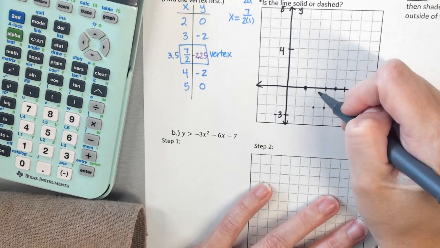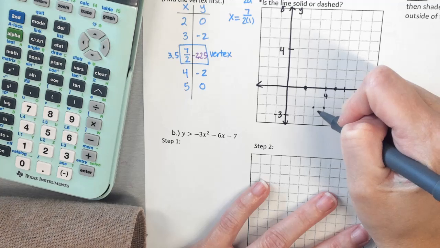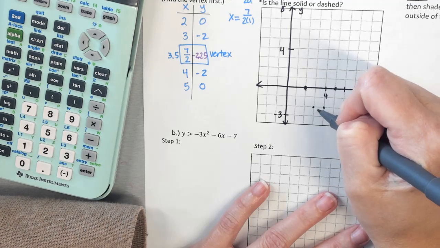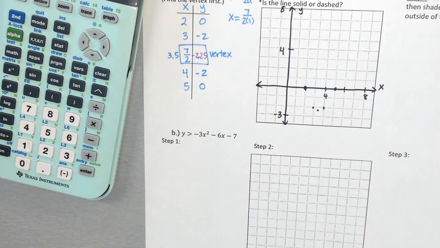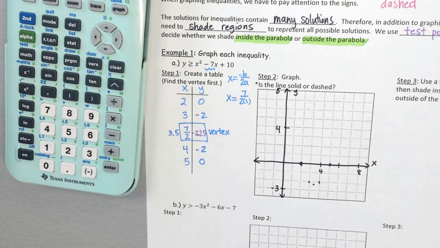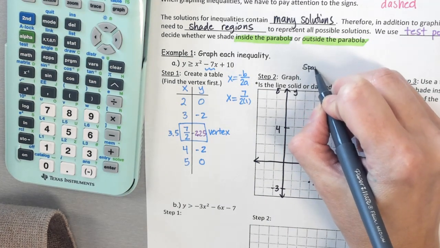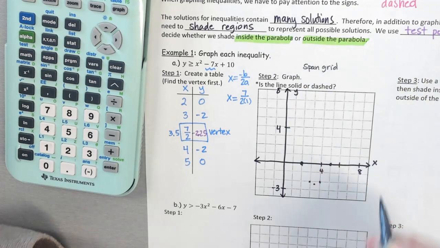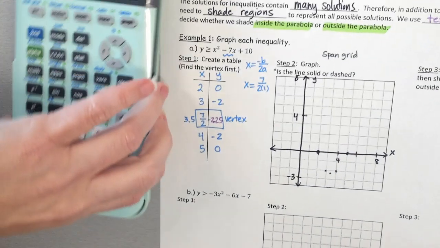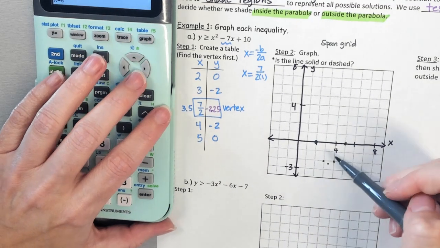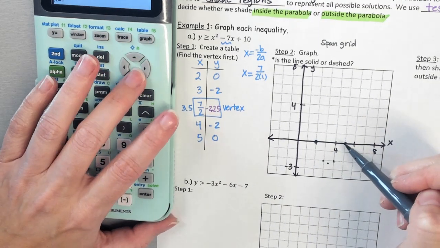Okay, and then at 3.5, I'm at negative 2.25, so about right here. Now, whenever you are doing this, you want to make sure that you are spanning your grid. Okay, so if we're going to span the grid that we've created, then let's use our table to make sure that we have everything, because we don't want to just stop it here.